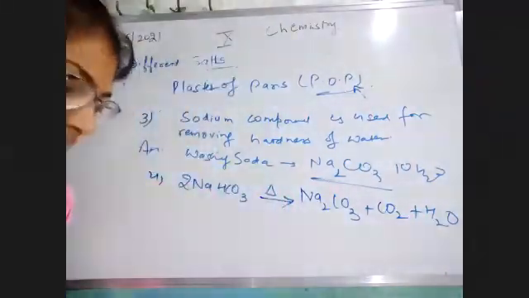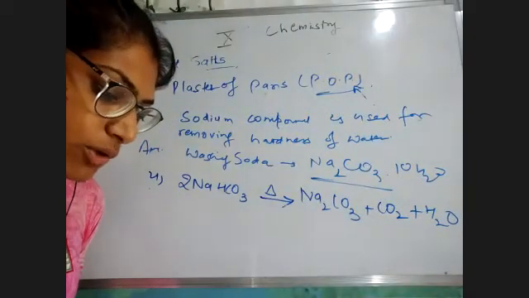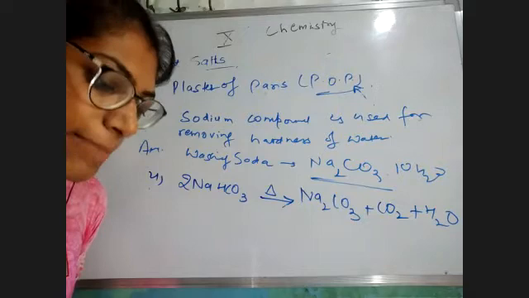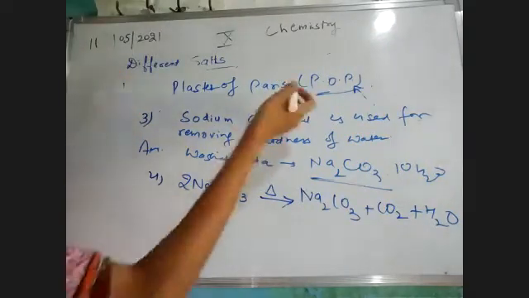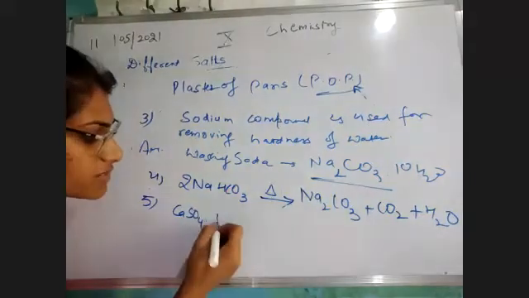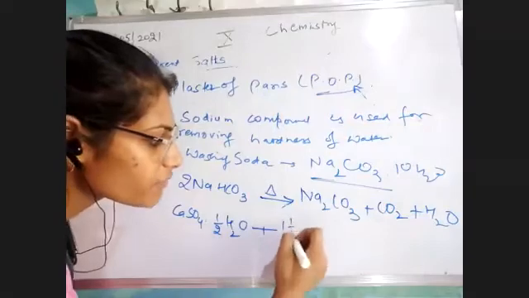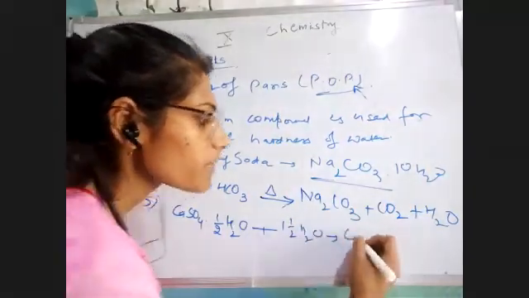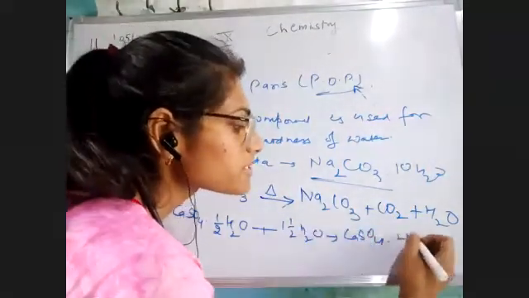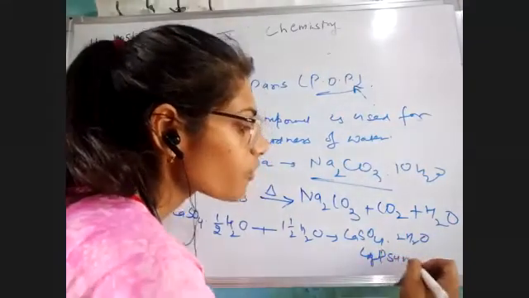Okay. Lastly, we are left with only one question. Write the equation to show the reaction between plaster of Paris and water. We have just completed this. The plaster of Paris is calcium sulfate with half mole of water, and we are reacting it with water again. It would make the gypsum, calcium sulfate with 2 moles of water.